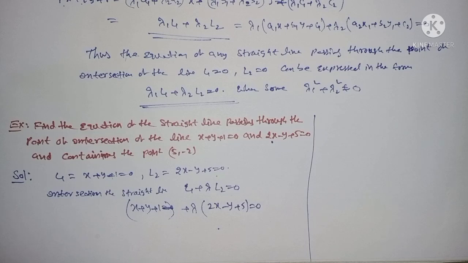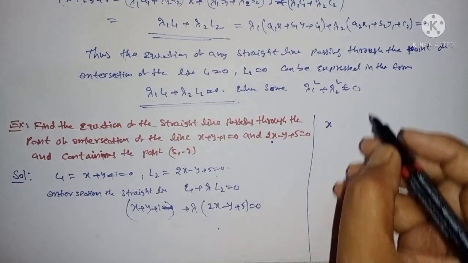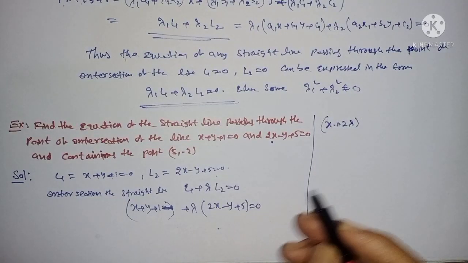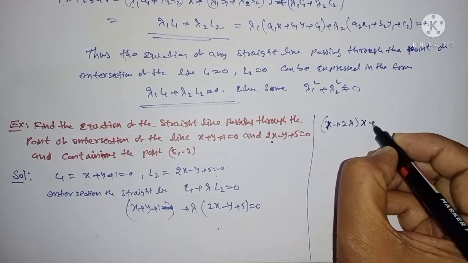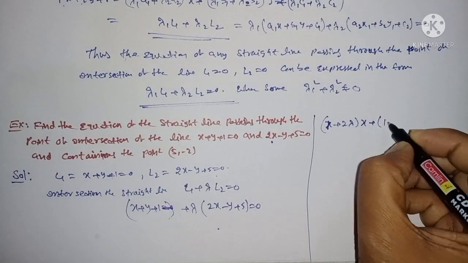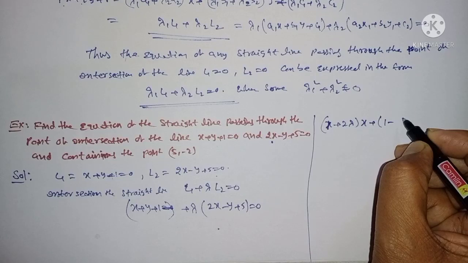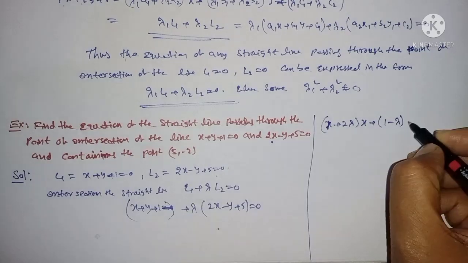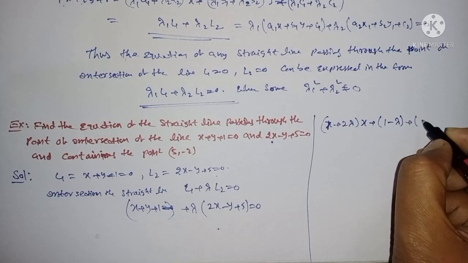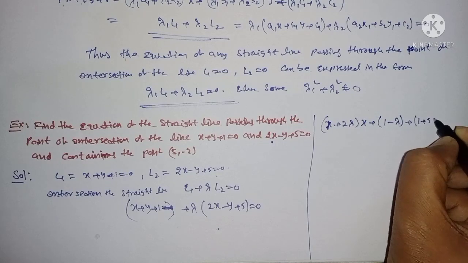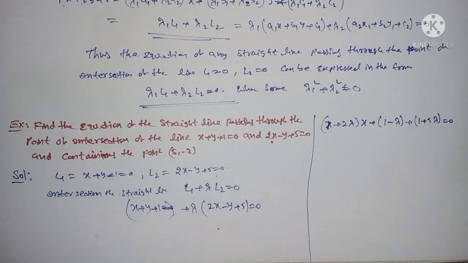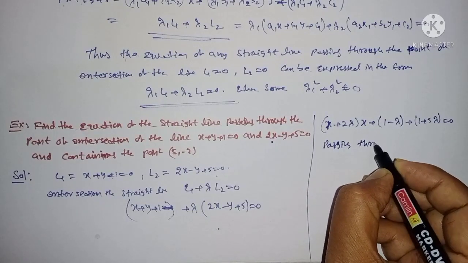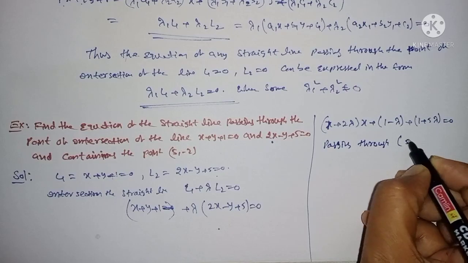Therefore, you can observe here x plus 2 lambda, 1 plus 2 lambda into x, 1 minus lambda, plus I can write here 1 plus 5 lambda is equal to 0. It is passing through which point, that is 5 comma minus 2.